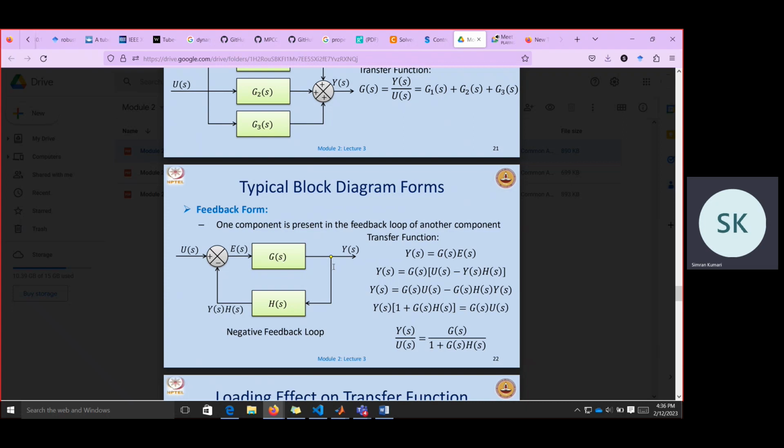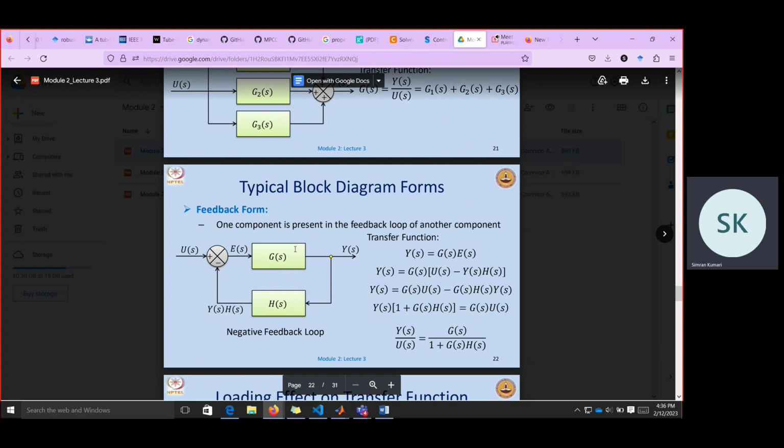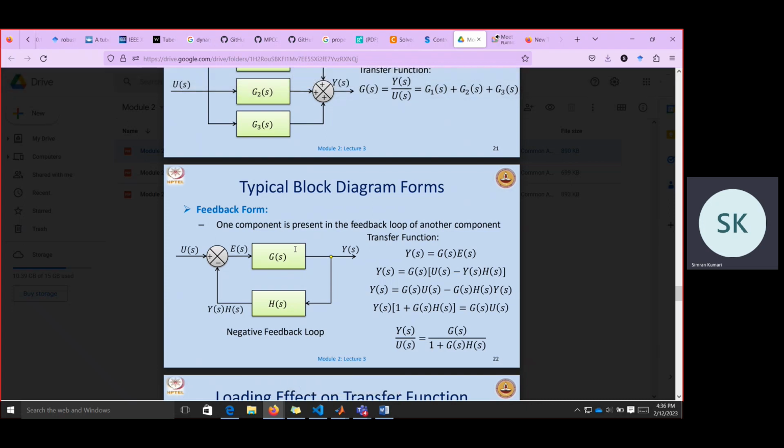So how can we do this? We cannot modify the plant, we have this plant given, so how will we modify? We'll have some feedback included in this, that we will be using to modify the plant.